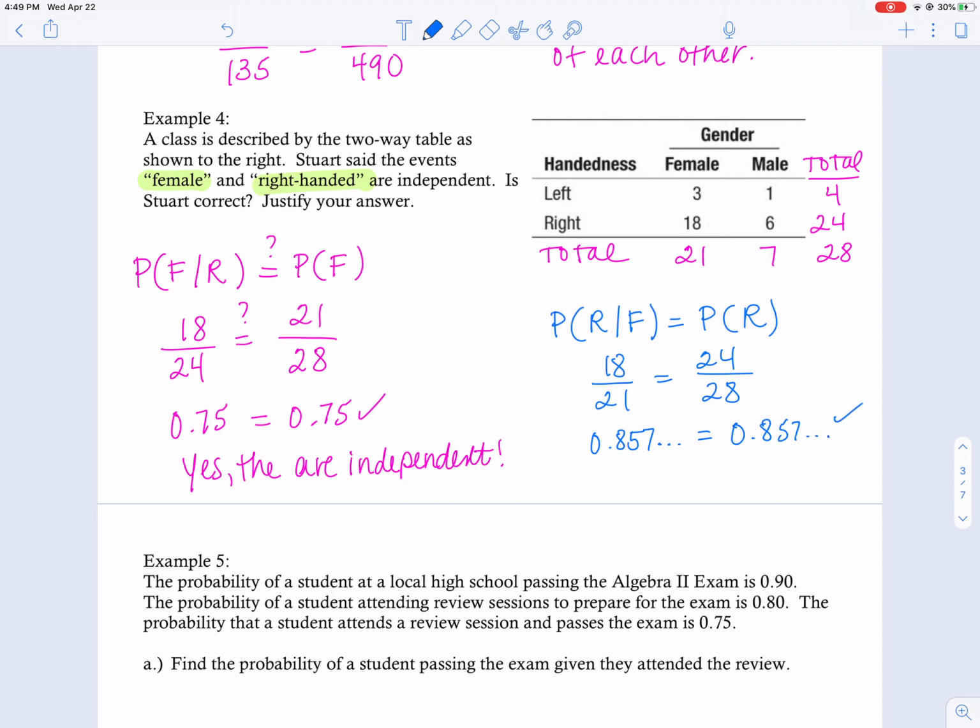Again, either way you do it, as long as whatever you're trying to find the probability of, given something, equals the probability of what you're trying to find. In other words, if I say the probability of right-handed given they're female, I'm proving that female has no bearing on it. They are independent of each other.